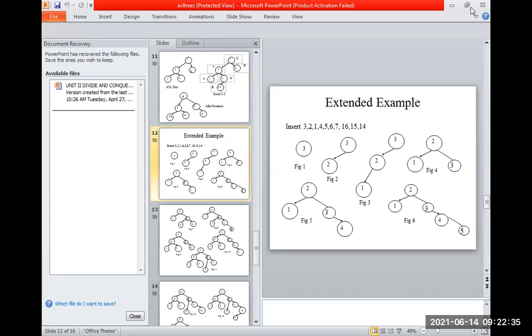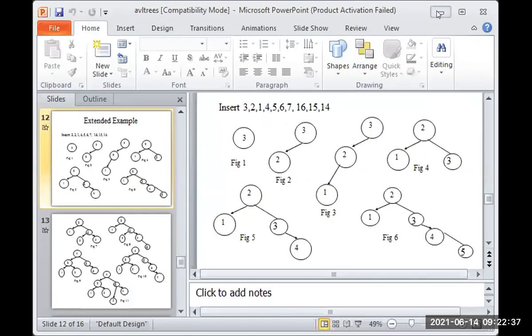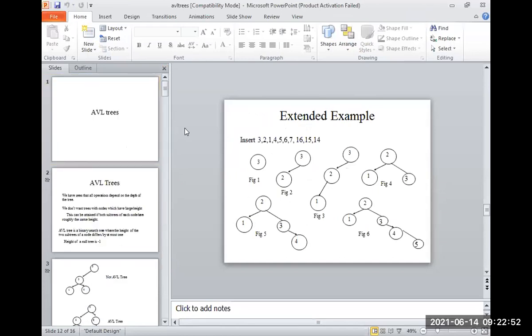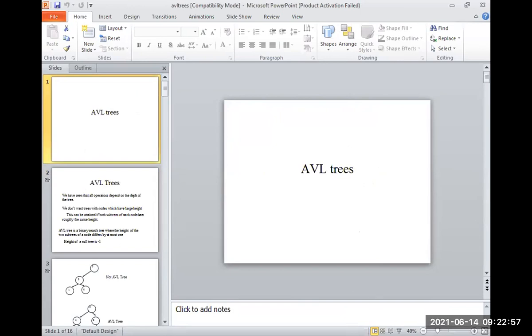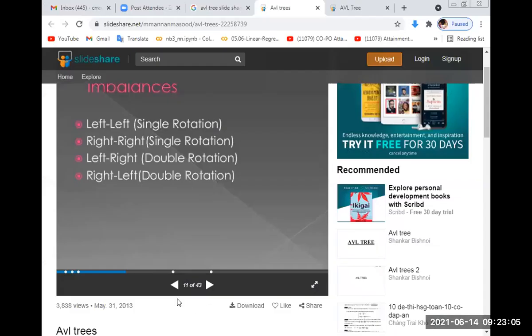See, students. So see here, this is an AVL tree. How do we know about the AVL tree? So see here.